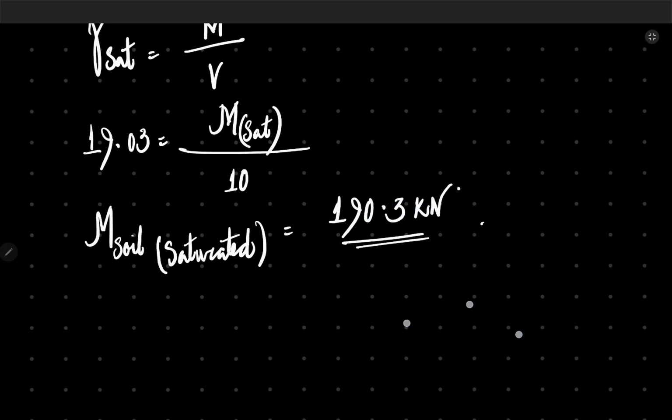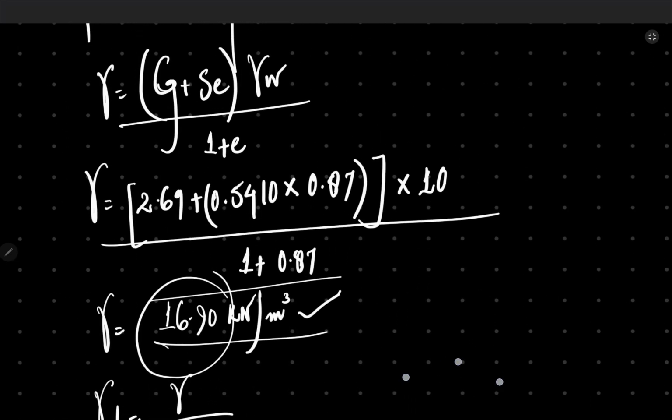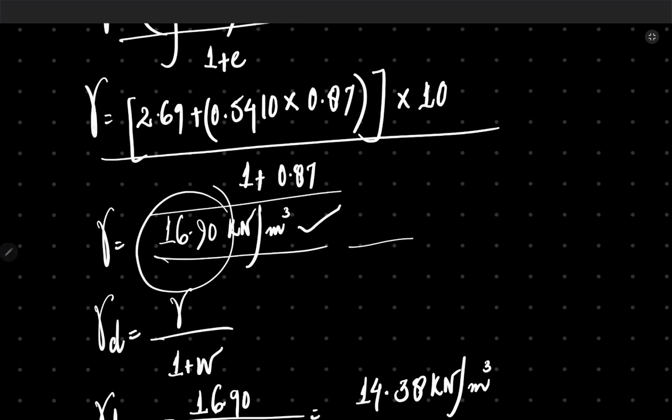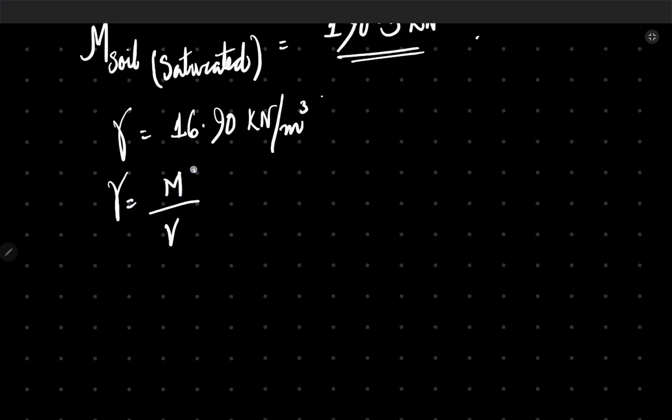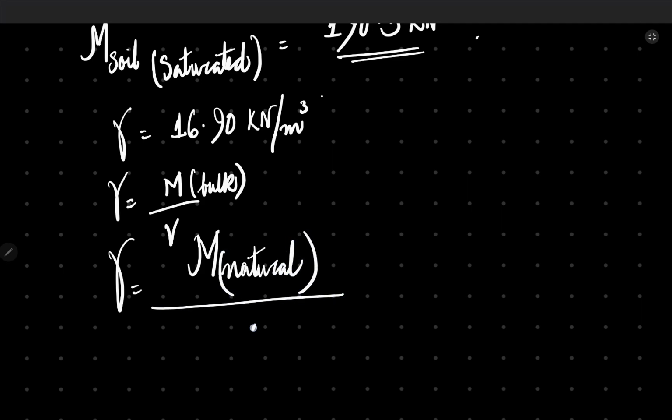All right. And the bulk unit weight or the total unit weight was how much? It was 16.90 kilonewton per cubic meter. Bulk unit weight is also equivalent to mass per unit volume, and mass of the soil in the bulk state or in the natural state divided by volume, which is the same 10.